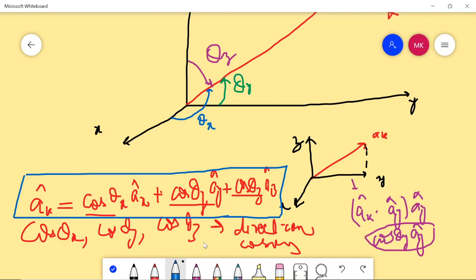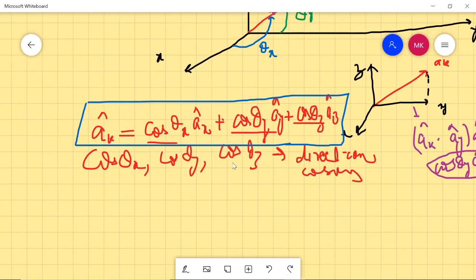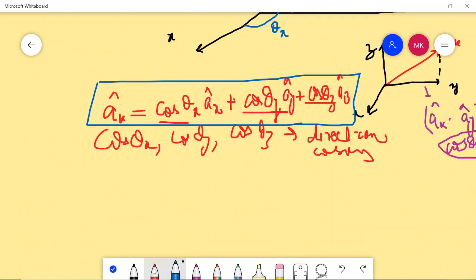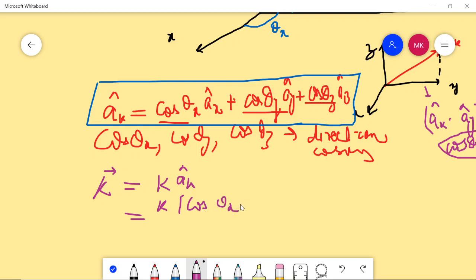Going through this again further. Now what is k? The k vector is just k times ak, and using this one, you can replace ak with cos theta x ax plus cos theta y ay plus cos theta z az.